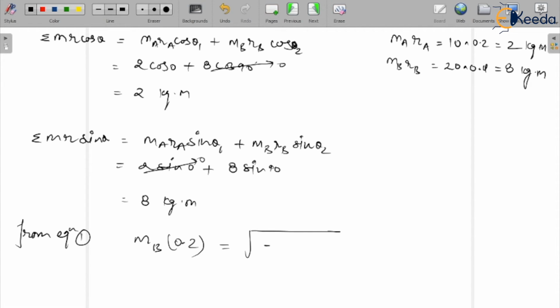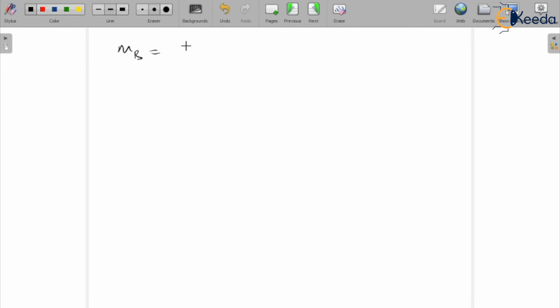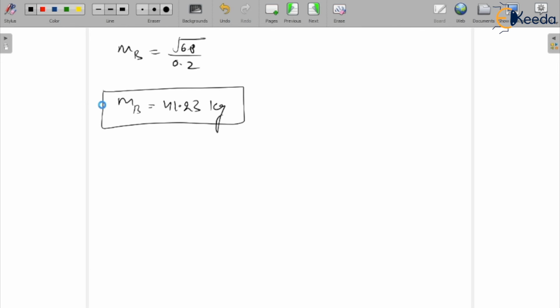Mb is the square root of 2 squared plus 8 squared, that is 4 plus 64, which is the square root of 68. So the balancing mass Mb is equal to the square root of 68 upon 0.2. So the balance mass would be 41.23 kilogram.